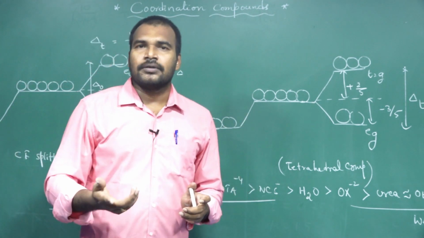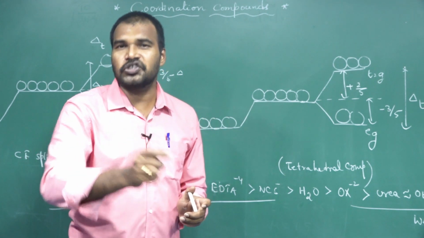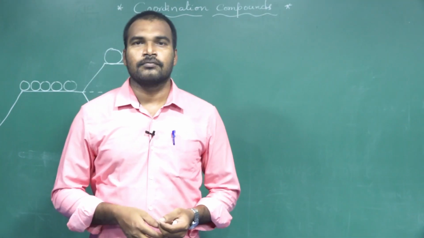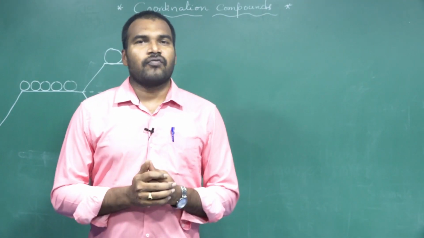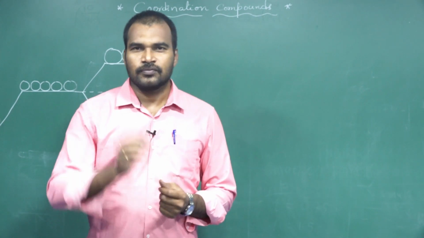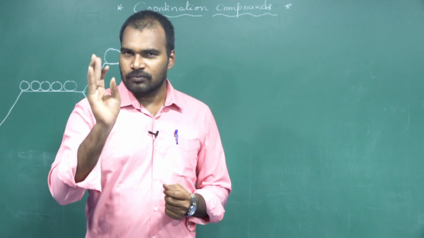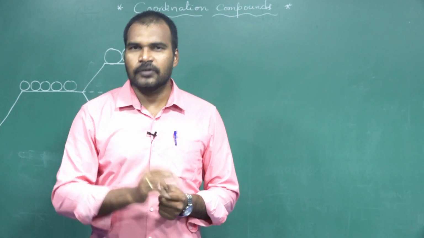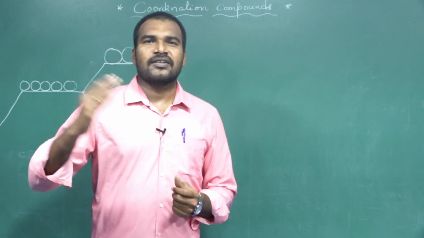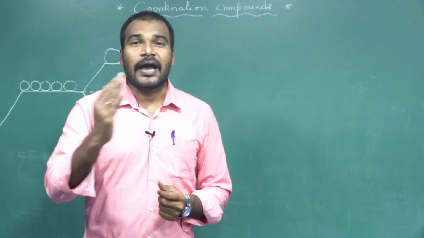Now let us discuss what? Distribution of d electrons in octahedral complexes. Yes, the filling of electrons in the d orbitals generally follows Aufbau rule, Pauli's exclusion principle, and Hund's rule in the absence of ligands. And that field we call it as what?